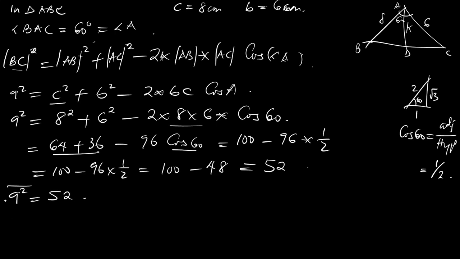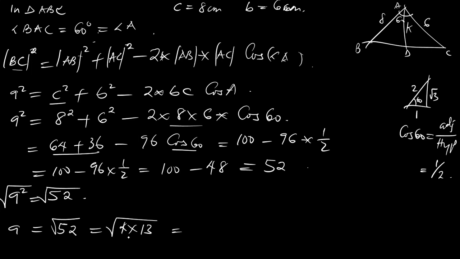Now taking the square root of both sides, you have A equal to the square root of 52. Since negative is not part of the solution, we're not going to introduce negative, although it is supposed to be plus or minus root 52. Now 52 is the same thing as 4 times 13.